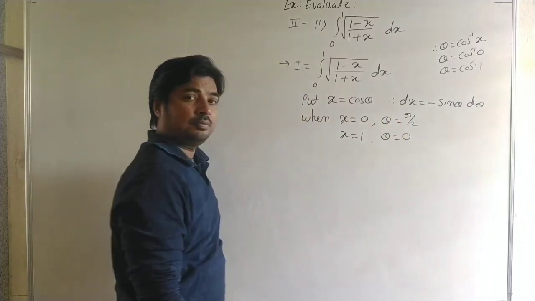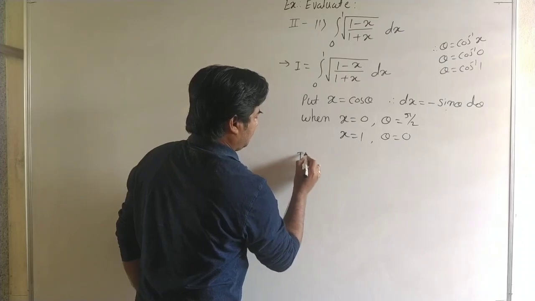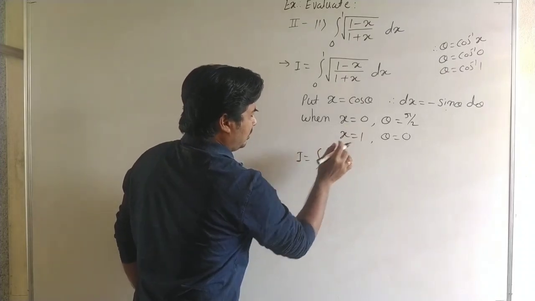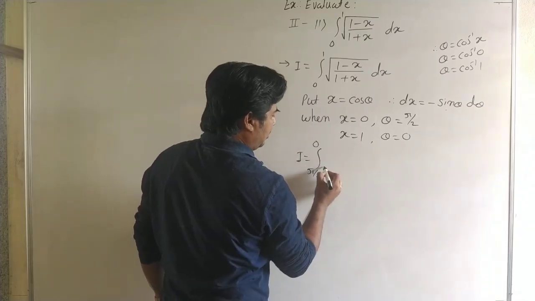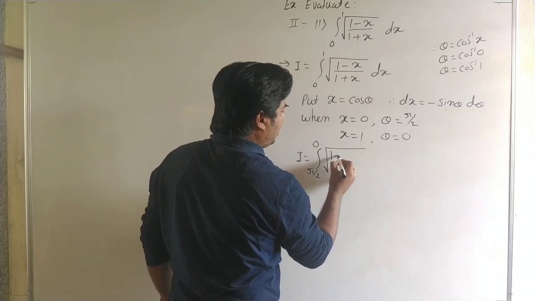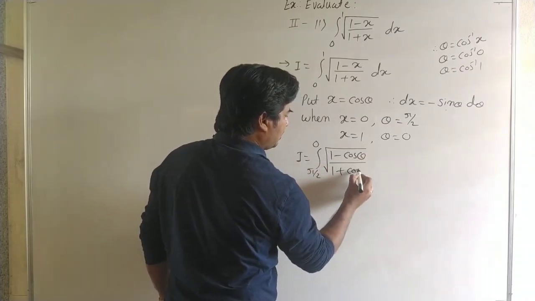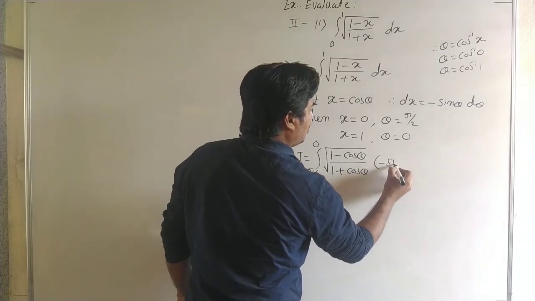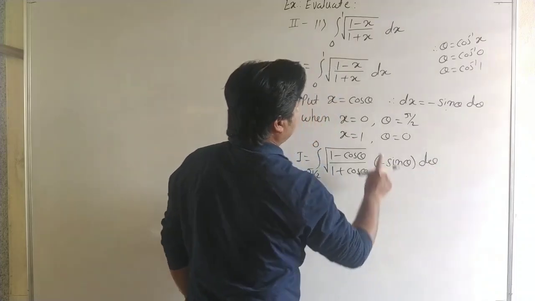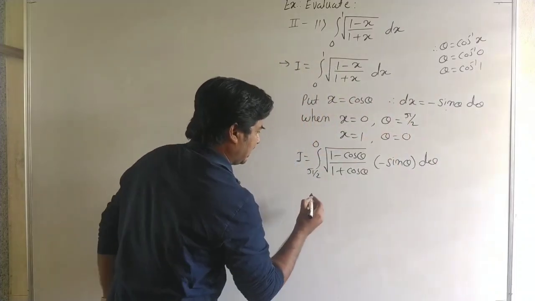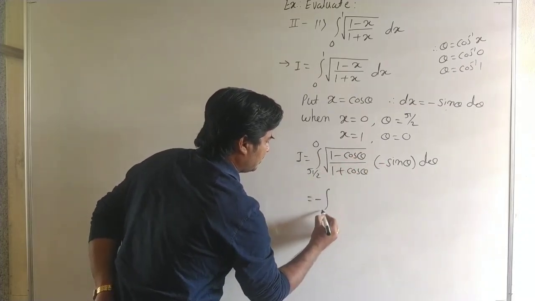See carefully this. Okay, and now our integral is integral, instead of 0 to 1, we can write pi by 2 to 0, and then it is under root of (1 minus cos theta) upon (1 plus cos theta) into minus sin theta d theta. Okay, it is dx is equal to minus sin theta d theta. Now we can use the formulas. Here this minus we can take outside the integral.